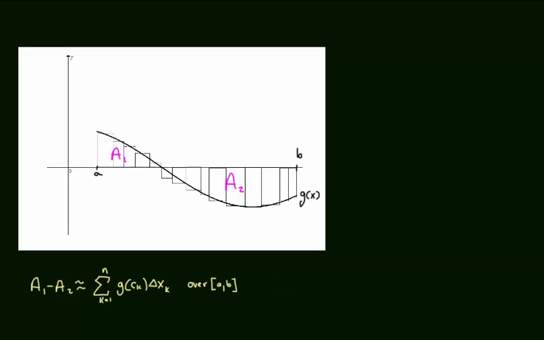You see, these values of g of c sub k, under some circumstances, are not the height of a rectangle, but actually a negative value because g is below the axis. So I'm adding up some negative quantities together with some positive quantities. So you might even call this the net area, is one way to approach it.